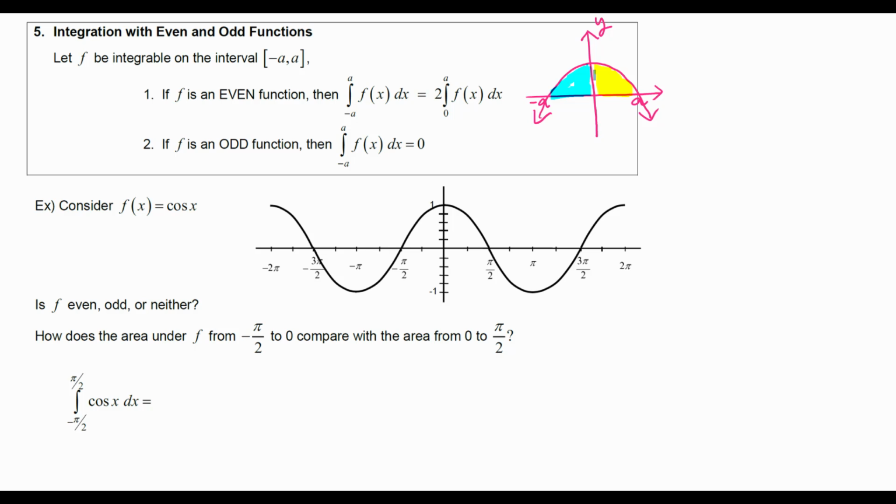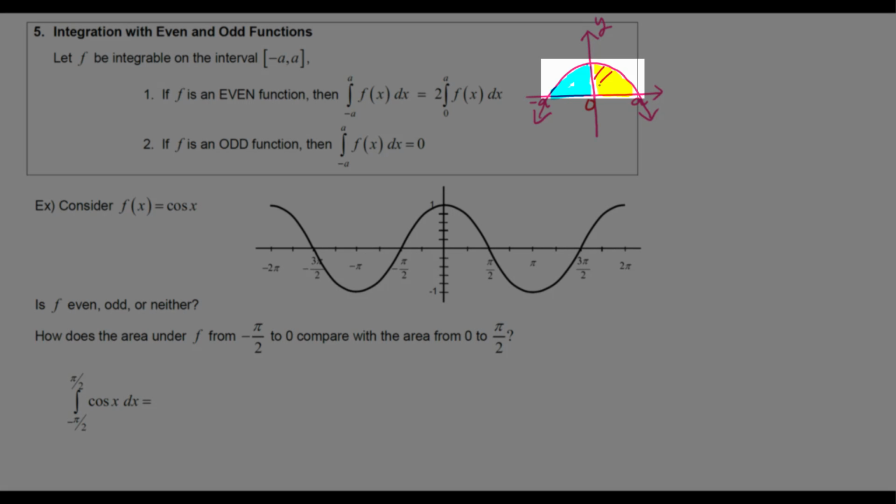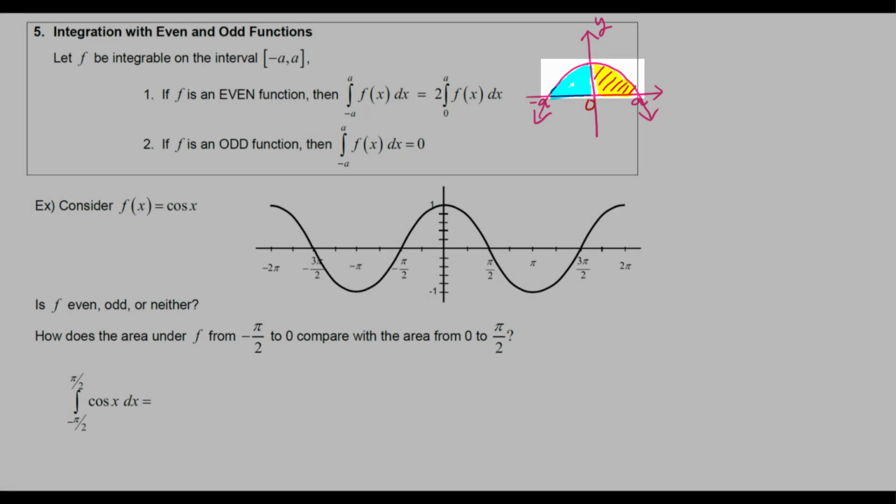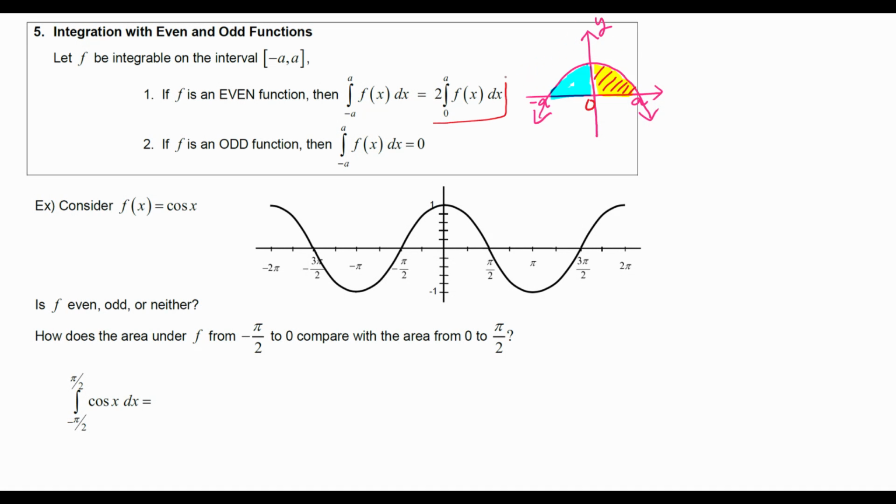Anything that you have on the left is exactly the same as anything that you have on the right along the y-axis. So of course, if you integrate -a to a of f of x, that's the same as twice the integral from 0 to a, right? The whole thing is twice of this, correct? So that's what this is saying.